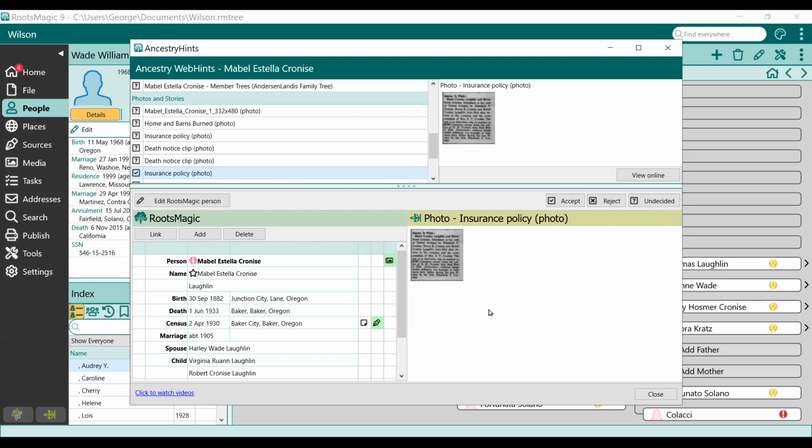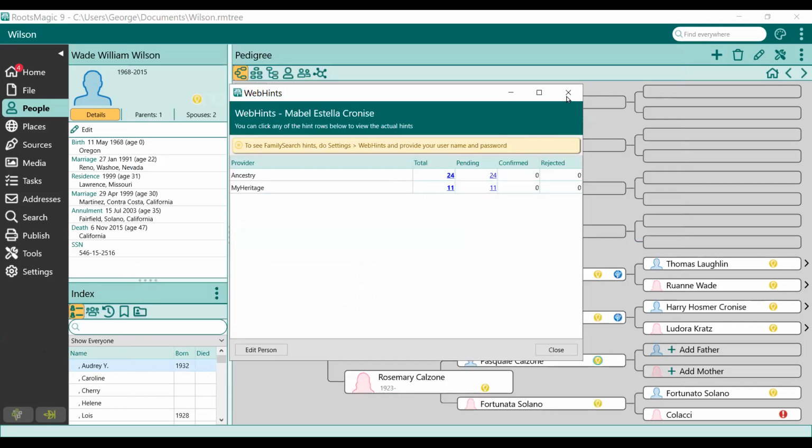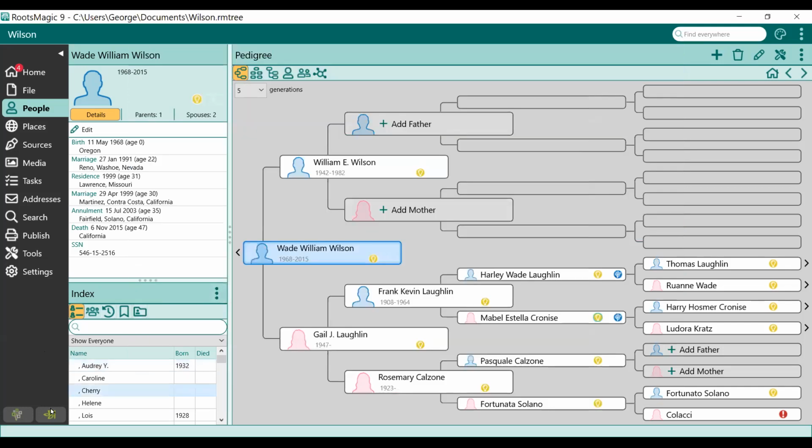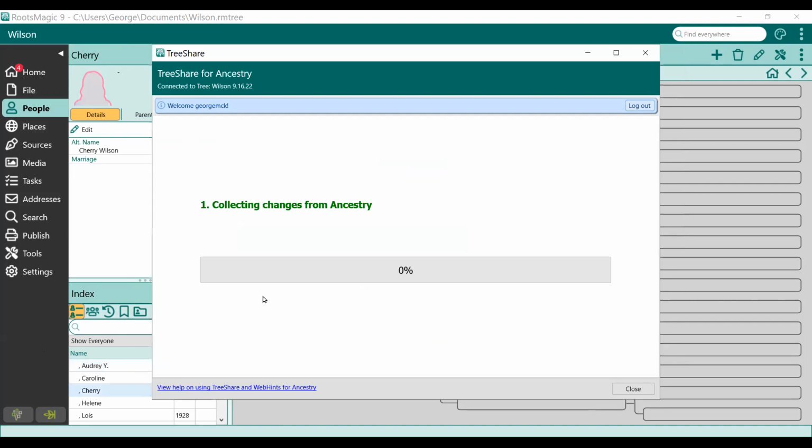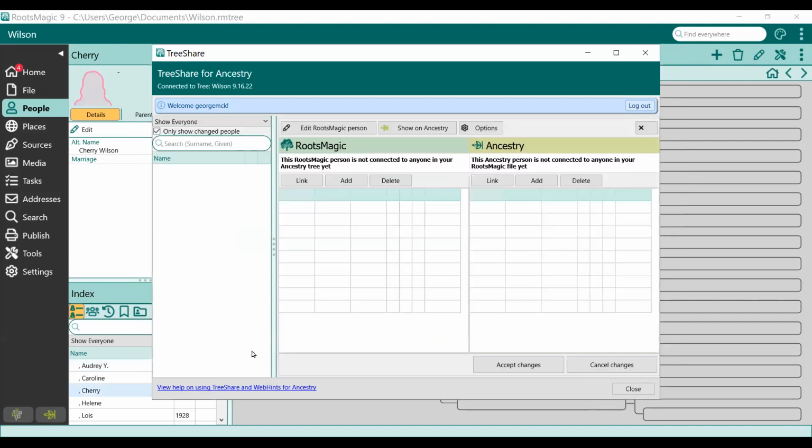Okay. So I can do that for all of these. And then I can synchronize the same way, except in this case, it's the bottom left corner. Okay, I'm collecting changes.